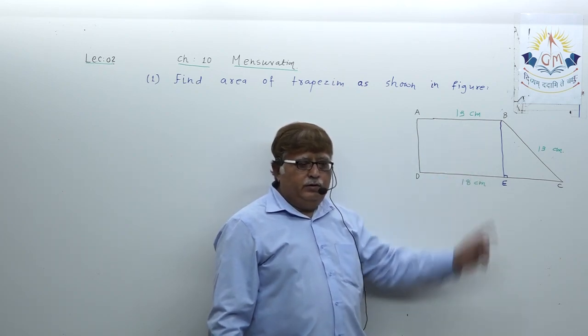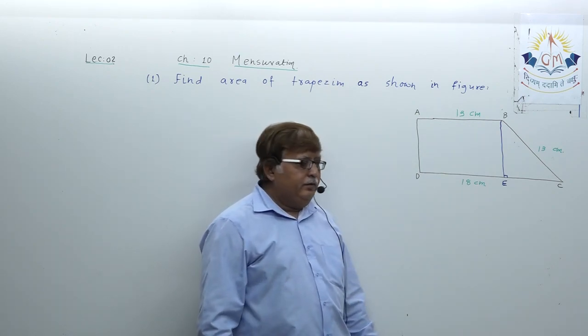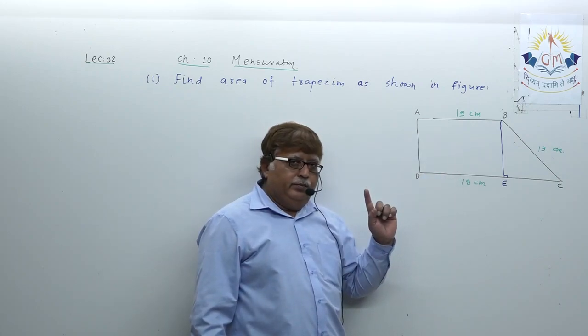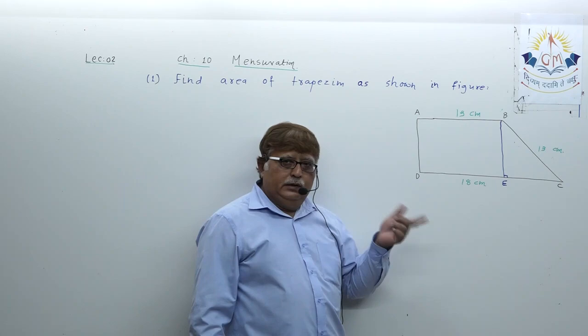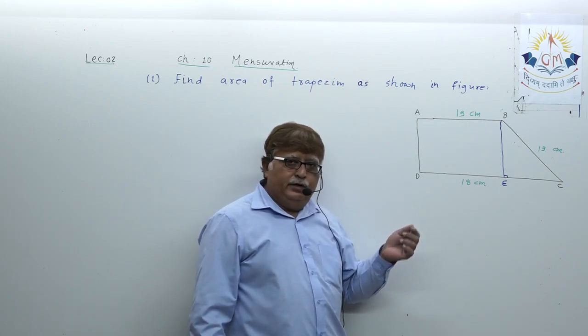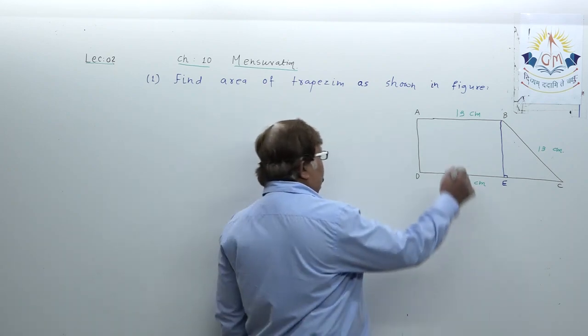So somehow, if I am able to find BE, it becomes easy for me to find the area of the trapezium. How can I do it?